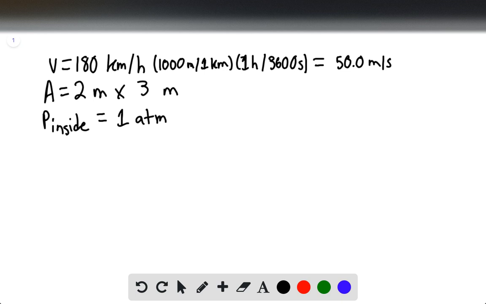So when we do this, we're going to have to say, okay, apply Bernoulli's equation, at inside, outside the window.